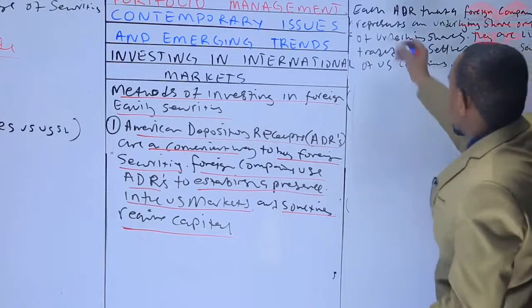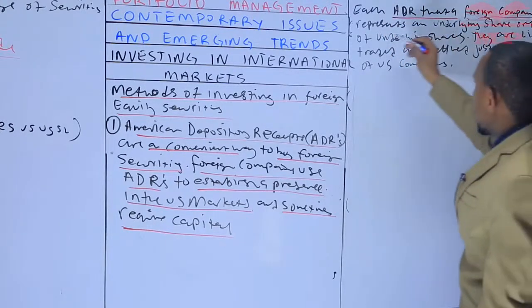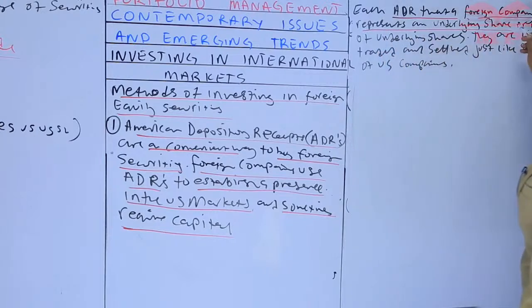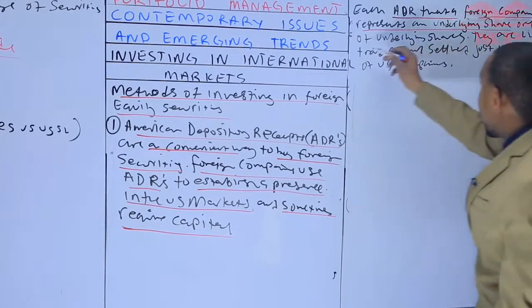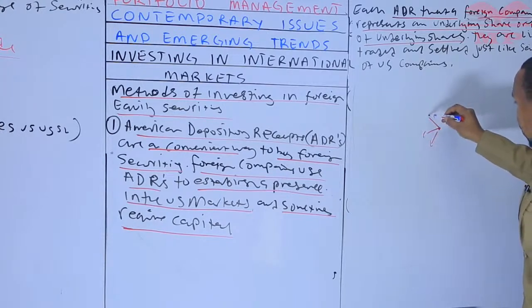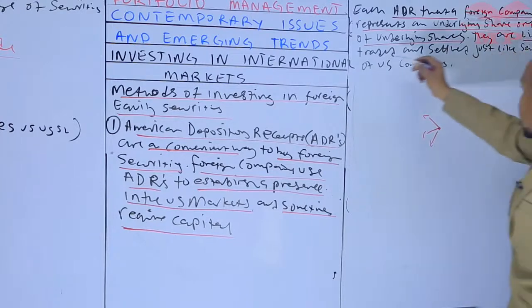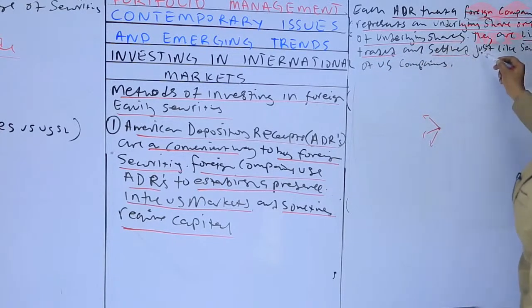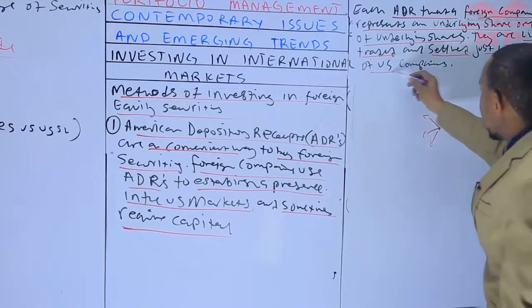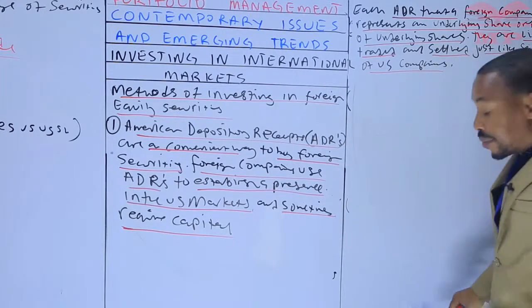What are we saying? Each ADR that a foreign company issues represents an underlying share or number of underlying shares. So an institution over here issues depository receipts based on the number of shares right there. They are listed, traded, and settled just like securities of US companies on the NYSE or the NASDAQ.